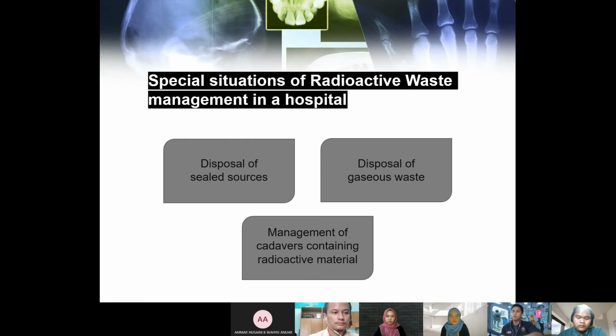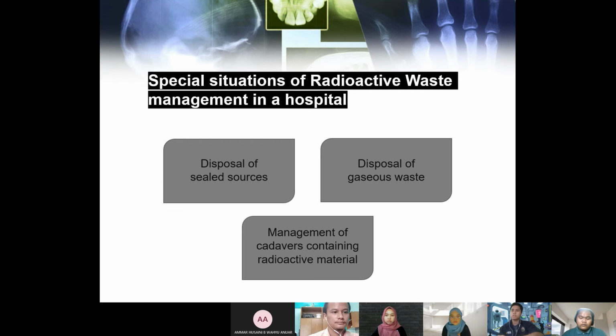Next, there are special situations for the disposal of radioactive waste in a hospital, which are disposal of sealed sources, disposal of gaseous waste, and lastly the management of cadavers containing radioactive material. I will explain about the disposal of sealed sources.